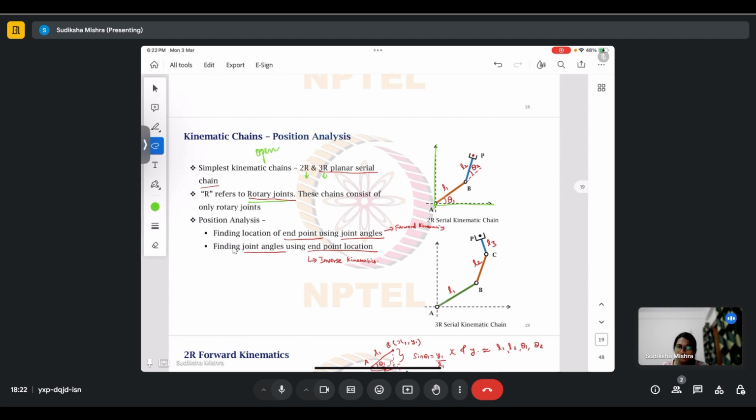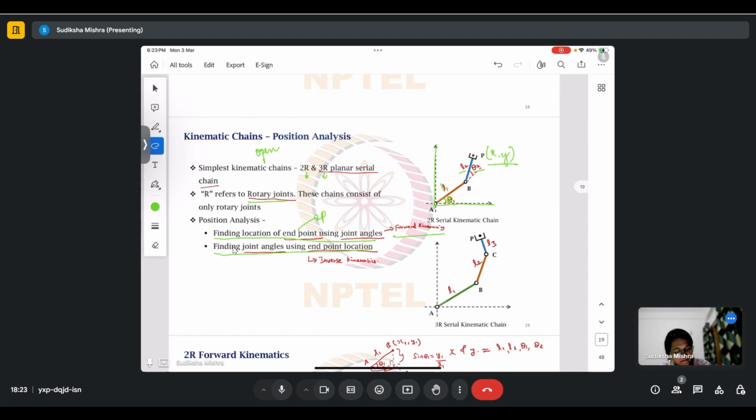So the position analysis comes in two forms. Either you find the location of the endpoint using the joint angles, which is known as forward kinematics. If you want to find x comma y, and you have theta 1, the lengths L1, L2, and theta 2, then you can compute x comma y, the coordinate of the endpoint, which is in this case P. The other problem usually performed is finding the joint angles using the endpoint location.